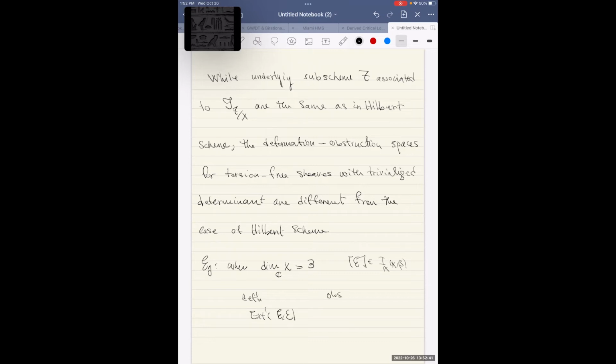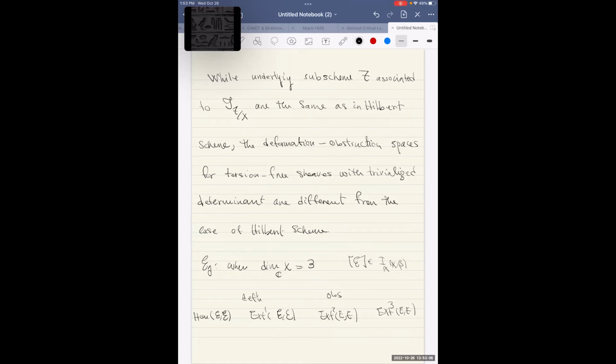And the obstructions are Ext^2(E, E) again. If the dimension of the ambient variety is 3, there is Ext^3(E, E), and then there are homomorphisms or automorphisms of these sheaves, which is Hom(E, E).